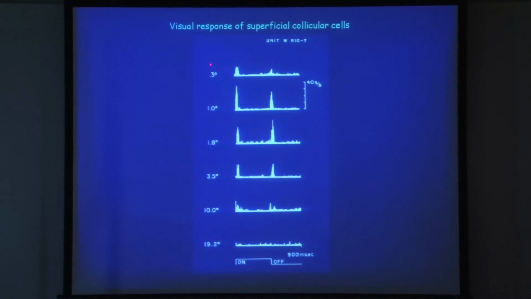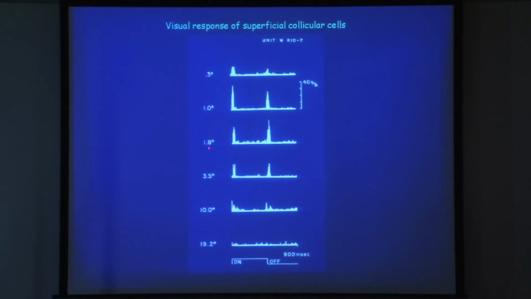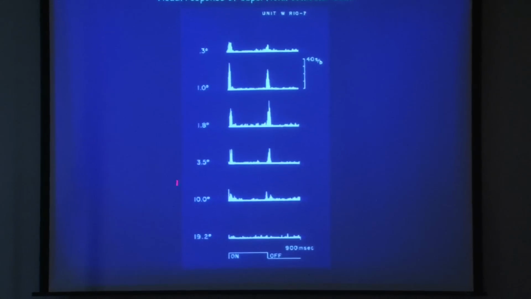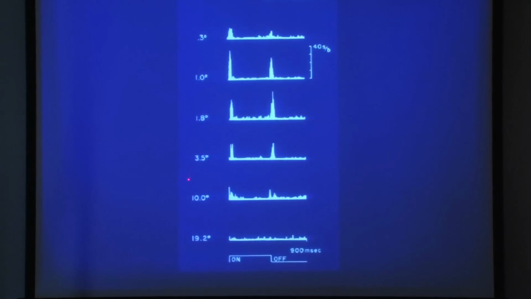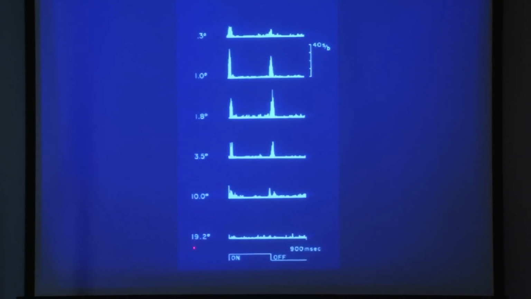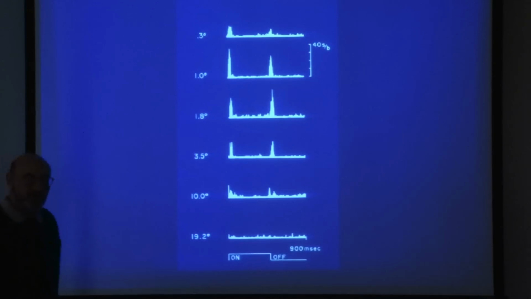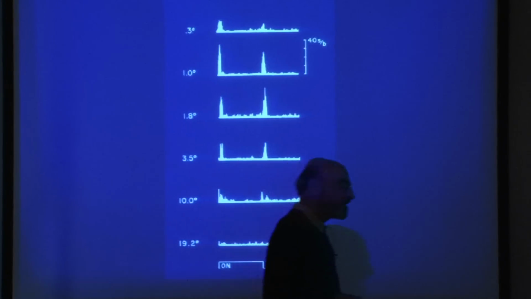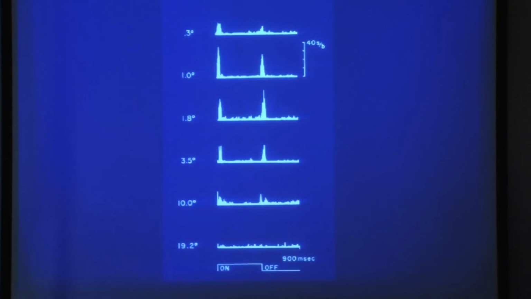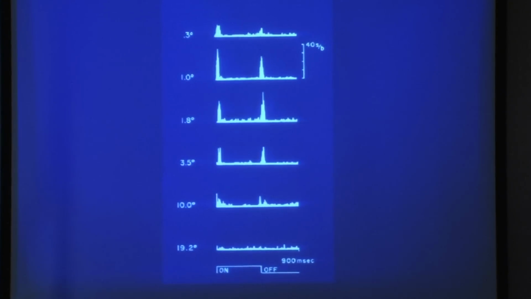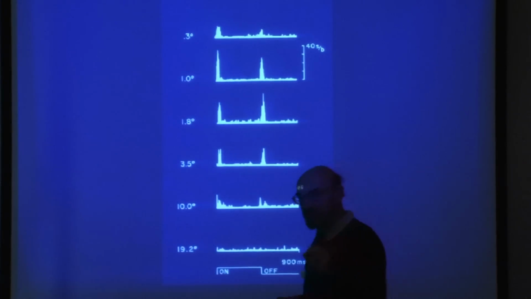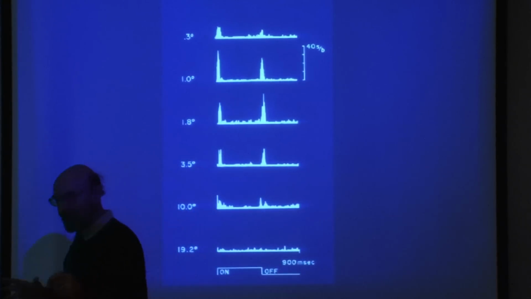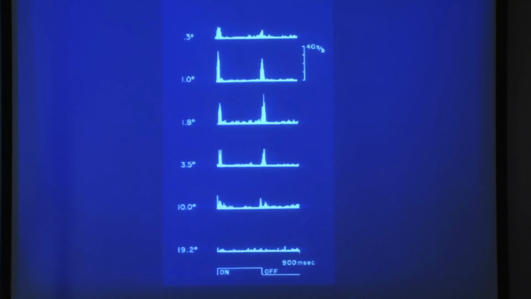And then if you make the stimulus progressively larger, you get an increase in responses, but once you make it quite large, in this case 10 degrees and 20 degrees, the response greatly declines, which says that just like in the retina, these neurons have center-surround antagonism, and they respond vigorously to small spots and very little to large spots.